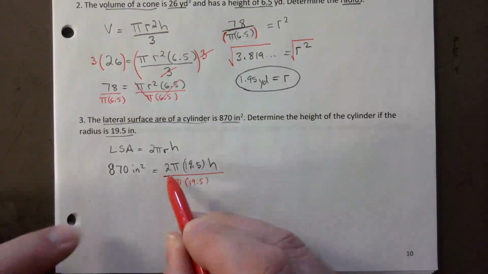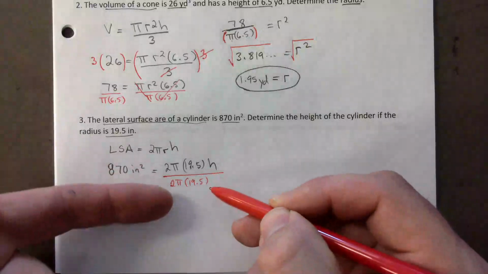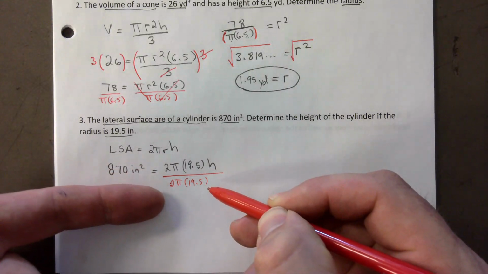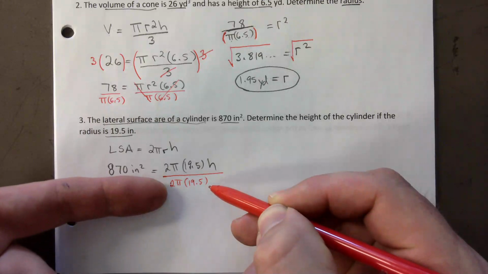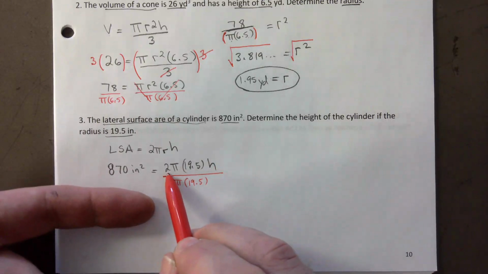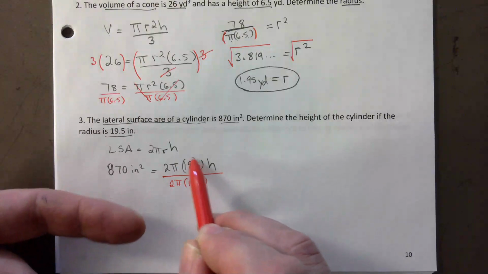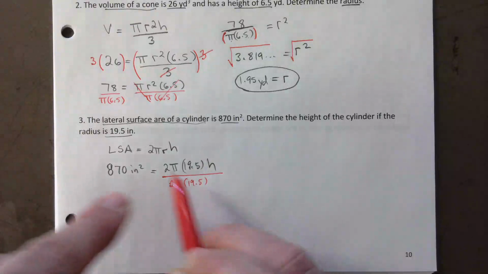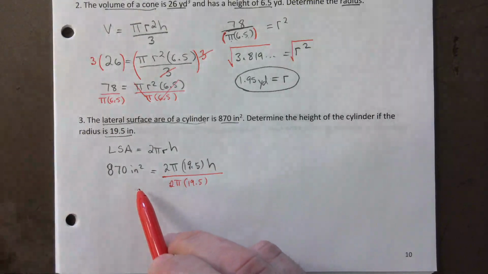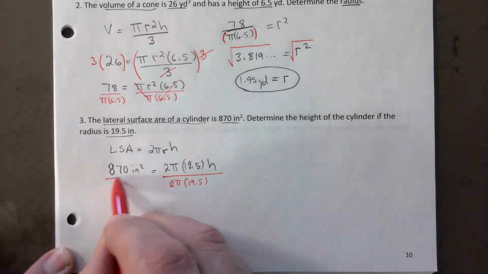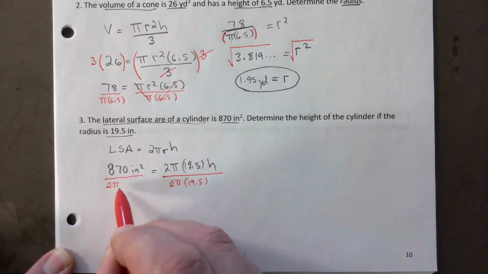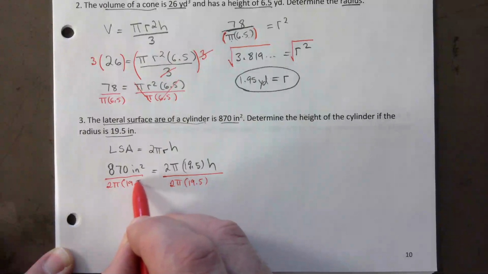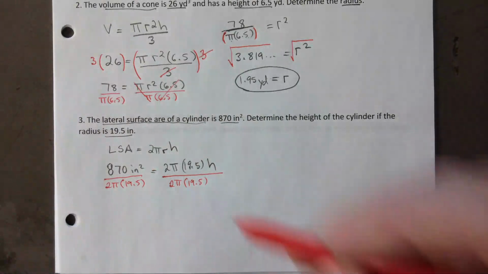If things are multiplying like that, you can actually just bring it down. I need you to understand that alternatively, you could have gone 2 times pi times 19.5, get a number, but don't round. And then you just divide both sides by that number. It is the same thing, okay? I just need you to see it in various ways.